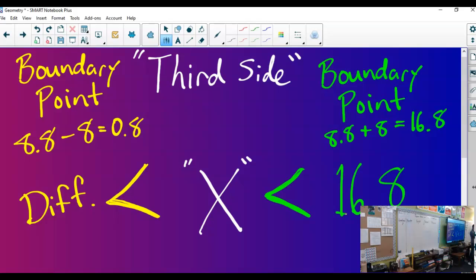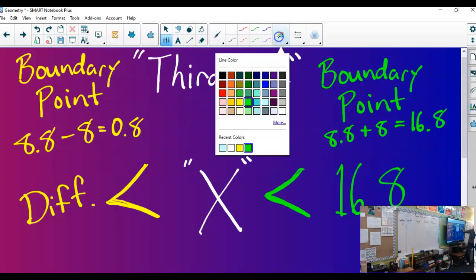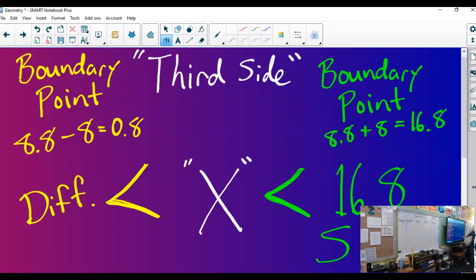Can I stretch? No, it doesn't work, right? Here's our trick. It's the difference and the sum. The difference is the minimum boundary point that is not allowed to be the length of your triangle. You can't use it. Anything bigger than that, up to the sum. Try a couple more of those questions to make sure you're feeling okay. Then we will talk about cross sections for a moment.